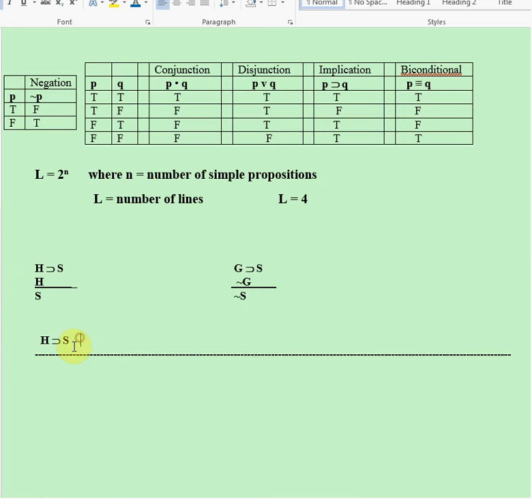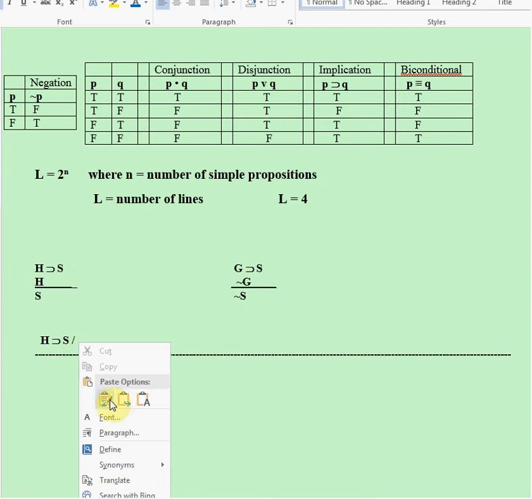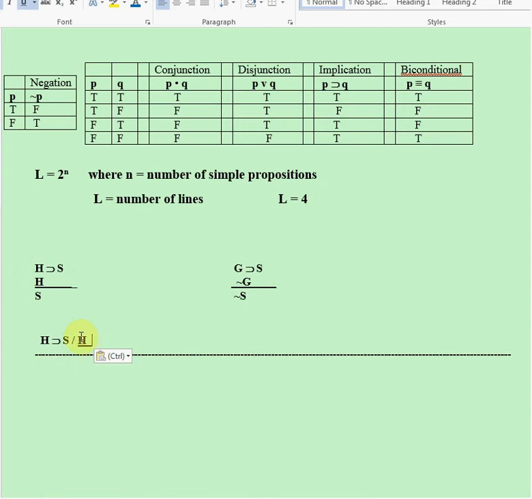Okay, our next step is to put the premises and the conclusion over here so that we can build a truth table for them. And we separate the premises from each other with a forward slash. So we're going to have if H then S, which is our first premise, and then we're going to have H as our second premise. And so we separate it from the first premise by a forward slash.